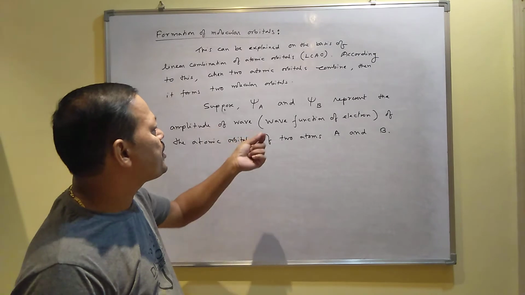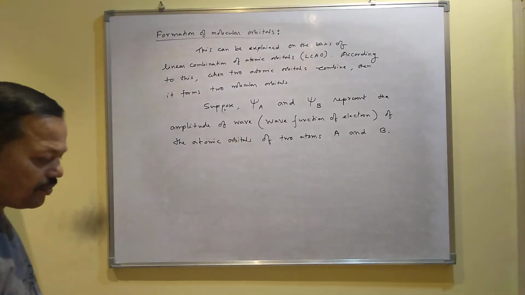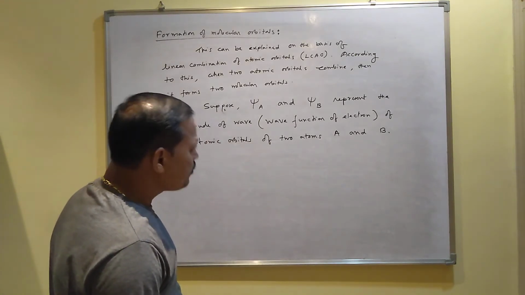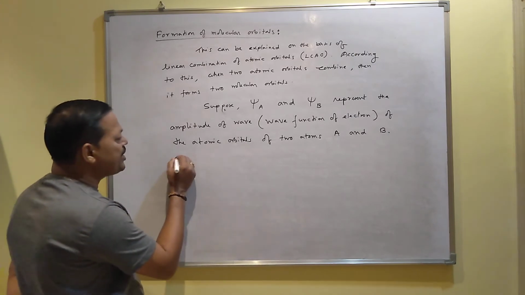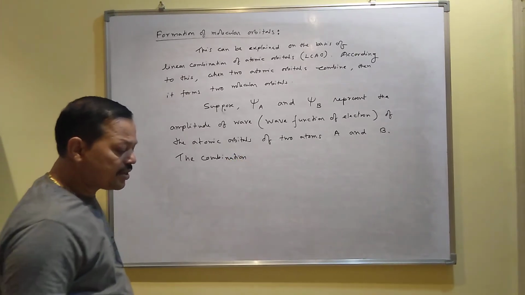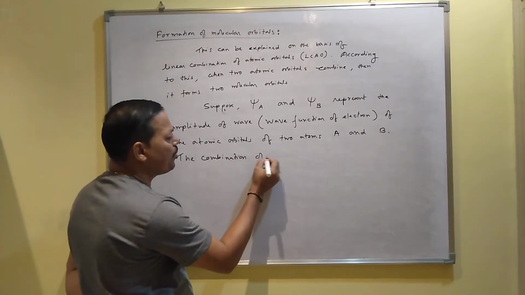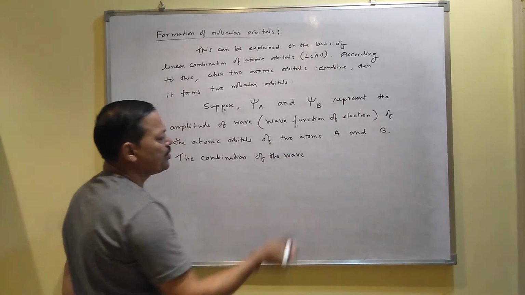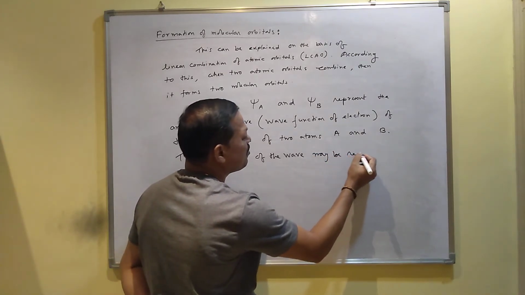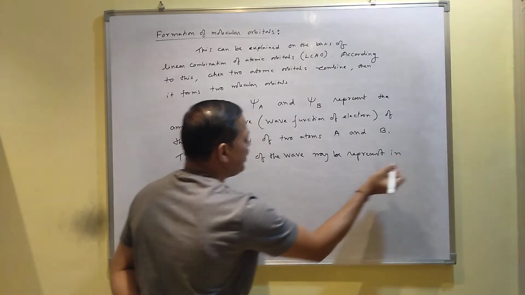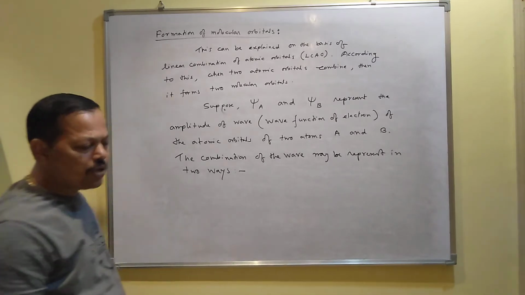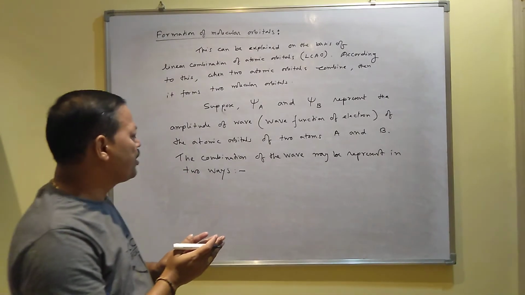That wave amplitude is represented by psi A and psi B. The combination of the wave may be represented in two ways.